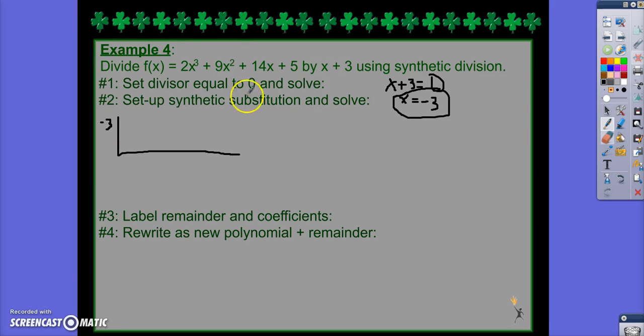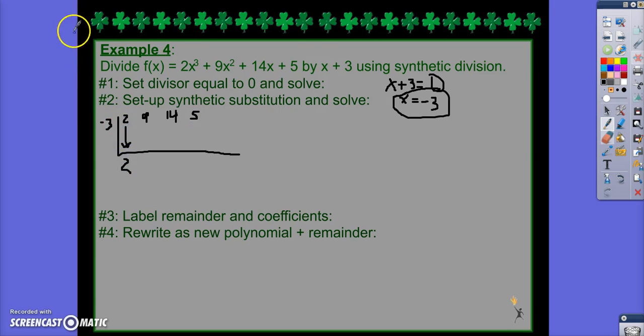Step 2, set up synthetic substitution and solve. So we start with all the coefficients here. Make sure we don't need any 0 placeholders. We have a third power, second, first, and constant, so we're okay. So put all your coefficients here. Bring down the first number.